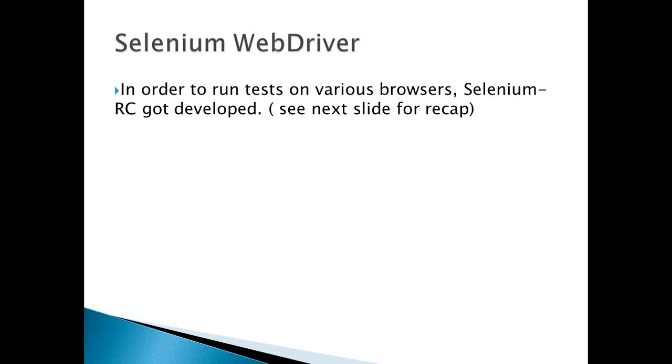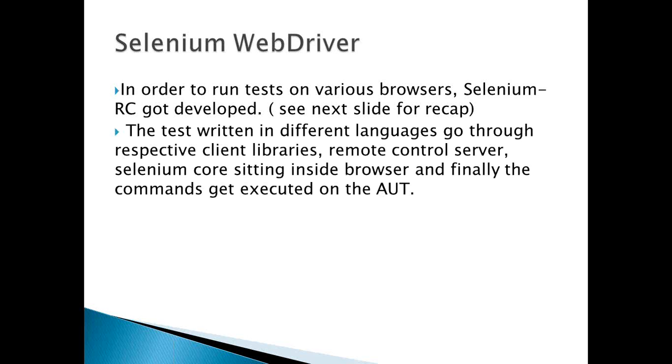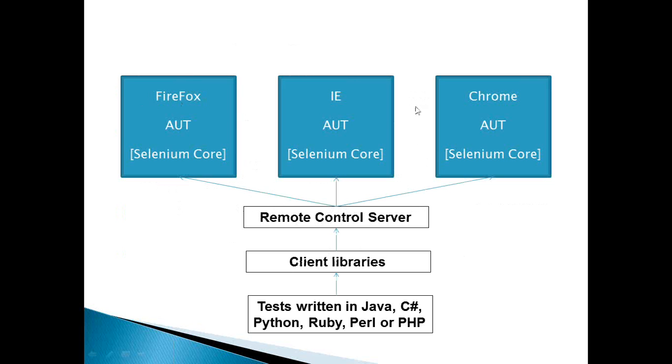And as I shared with you, in order to run tests on various browsers, Selenium RC got developed. So if I were to share more pictorially with you, you had different browsers, Firefox, IE, and Chrome, on which you had the application under test, and the Selenium core was there, which came through the IDE or the remote control server.